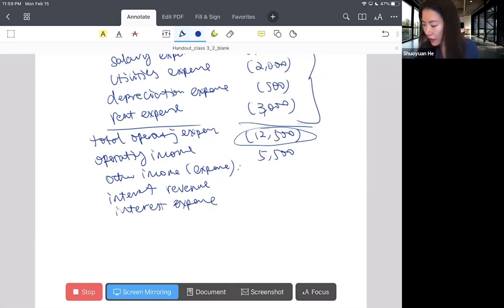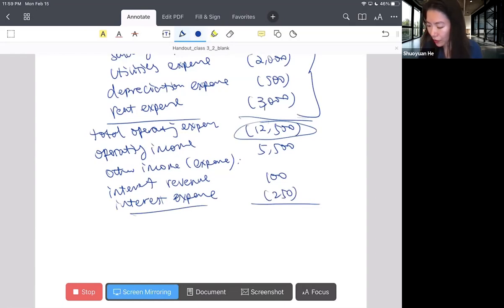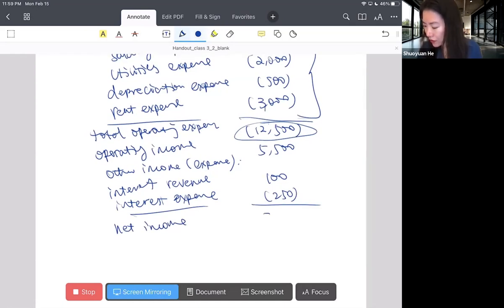So interest revenue is 100 and interest expense is 250. That will give you our net income, 5,350. So that is our income statement.